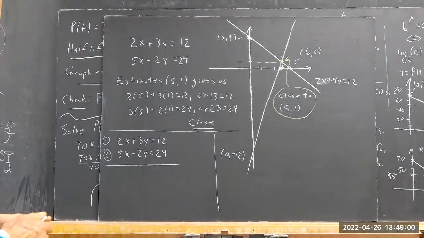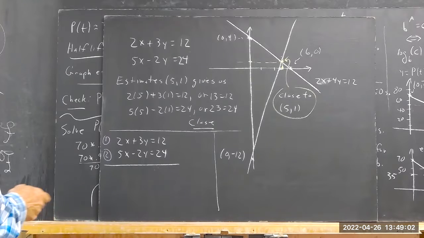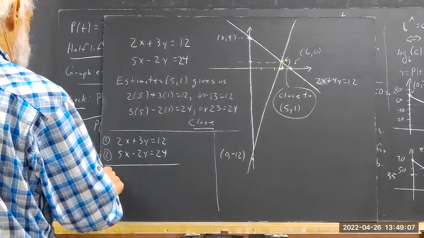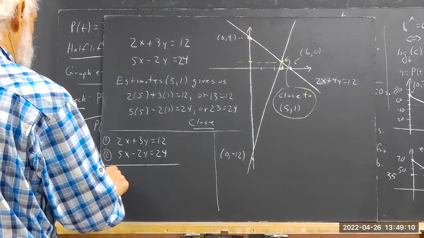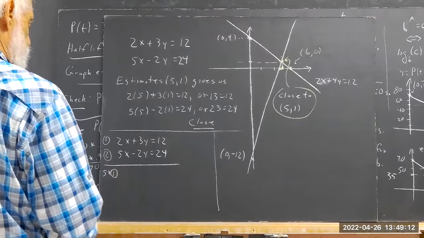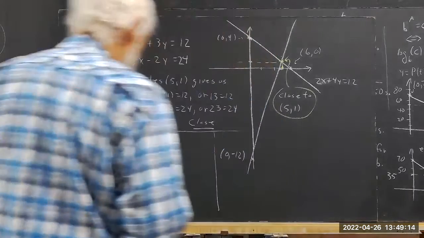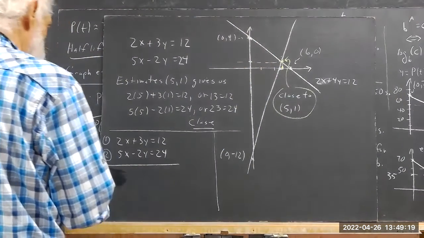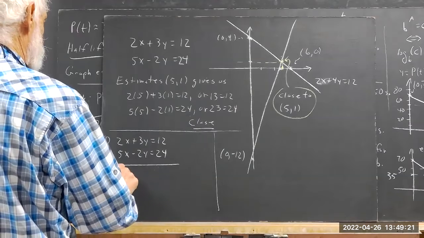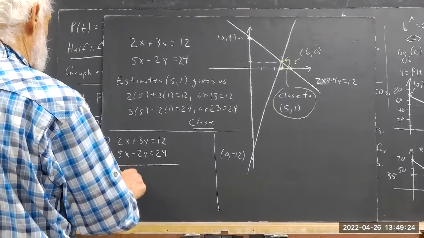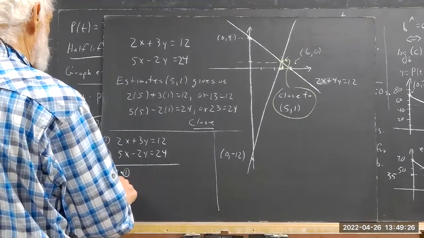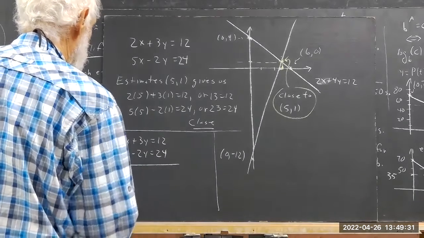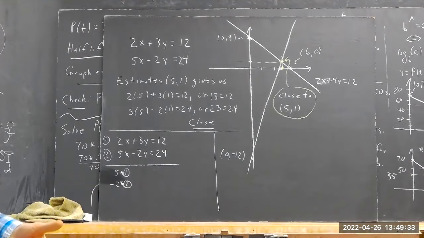Now I'm going to write down, leave myself room. Need a little more room. So I'm gonna write down 5 times equation 1 and minus 2 times equation 2. You might see why I'm doing this, and you might not, but it's pretty easy to understand.